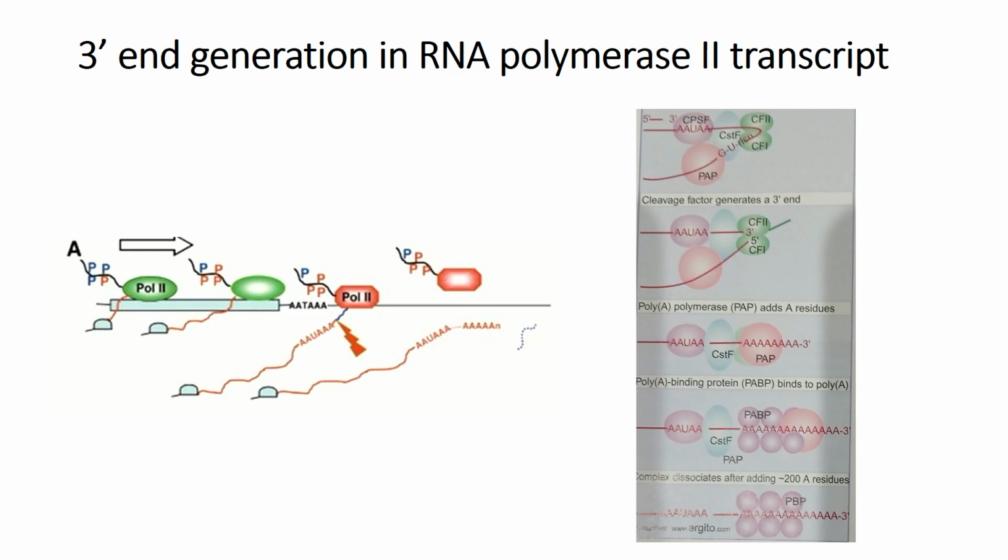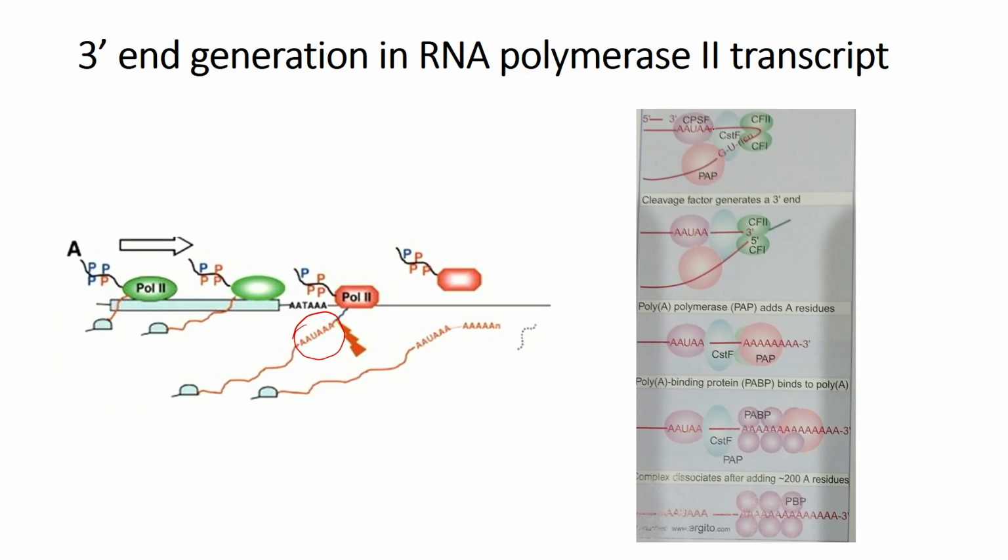In RNA polymerase 2, transcription continues. One does not know clearly where the transcription termination will occur. But here what happens is that as the RNA is getting transcribed, there is a sequence AAU. So here you can see that this is the RNA that is synthesized.